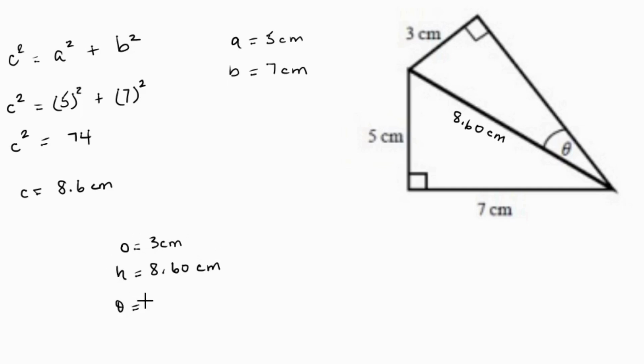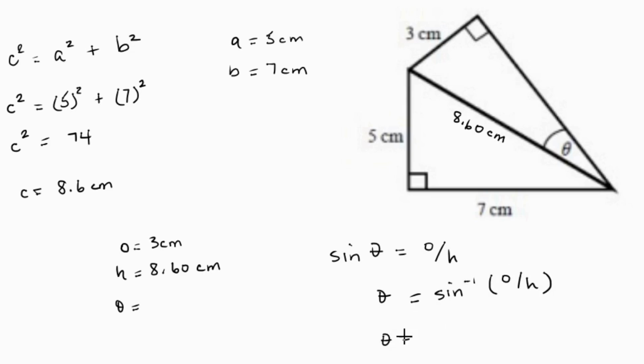Okay, so we're looking for theta. What we know is that the sine of theta is equal to the opposite over the hypotenuse. And so theta is equal to the arc sine of that ratio.